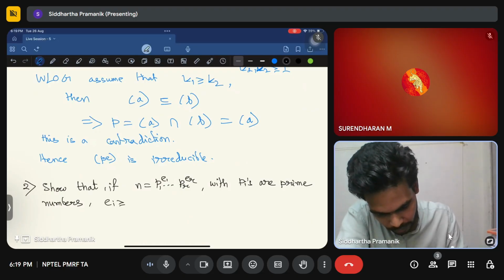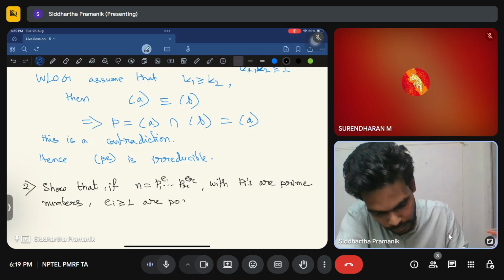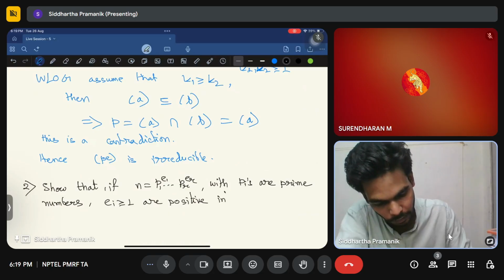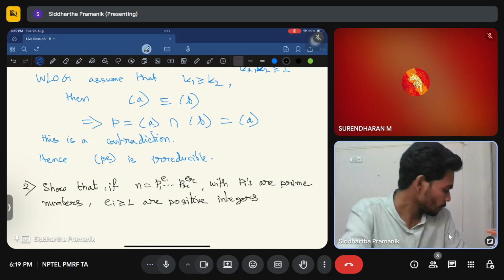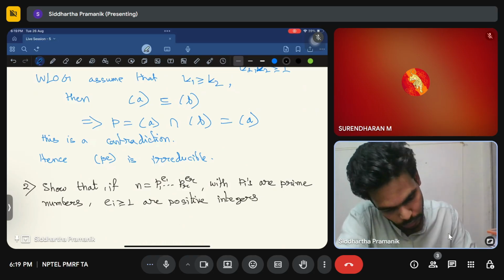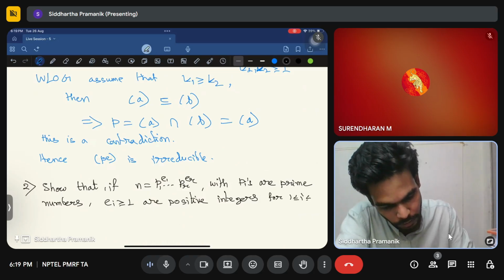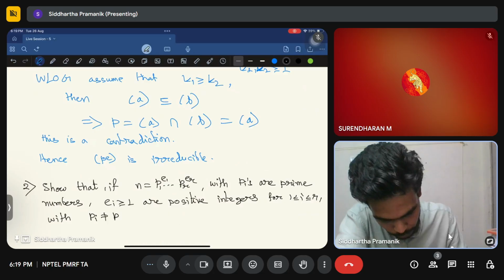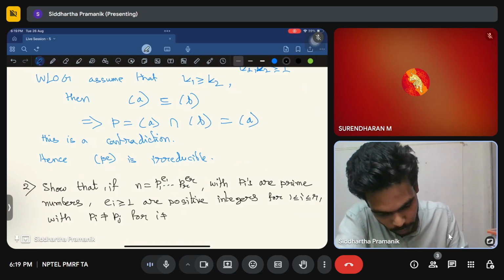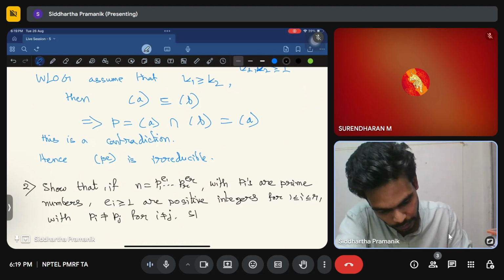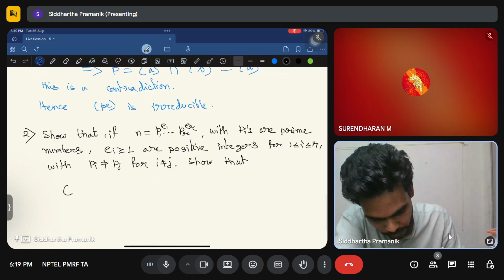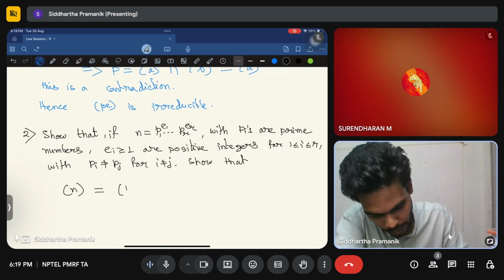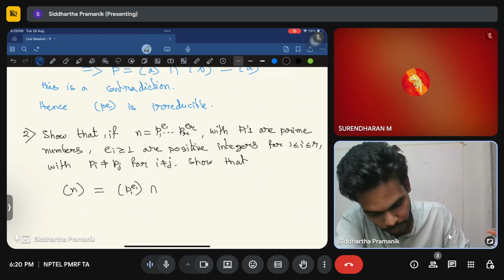and ei greater than or equal to 1 are positive integers, so this is for 1 less than or equal to i less than or equal to r, and the pi's are actually distinct prime numbers, with pi not equal to pj for i not equal to j, then if you take the ideal generated by this number n, this is equal to the ideal generated by p1^e1 intersection the ideal generated by pr^er.